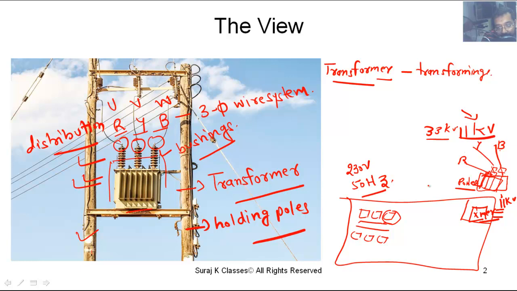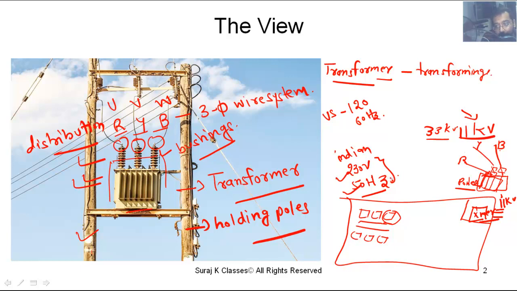This is the standard voltage level that can be used for any Indian electrical appliance. If you're living in a country like the US, the standard is 120 volt and 60 hertz, and in Europe the standard is the same as ours, 230 volt, 50 hertz.